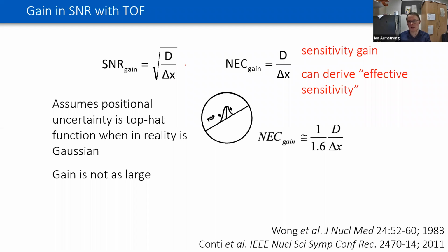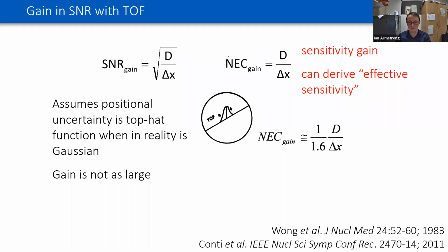And you can see this equation here. Now, if we have a Poisson system, we know that the standard deviation is the square root of the counts.